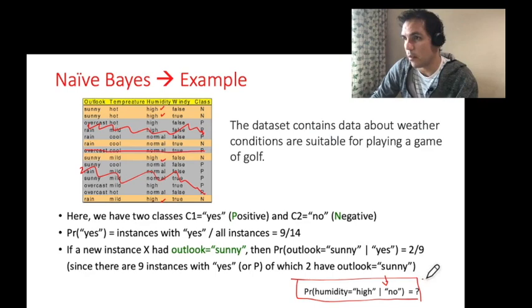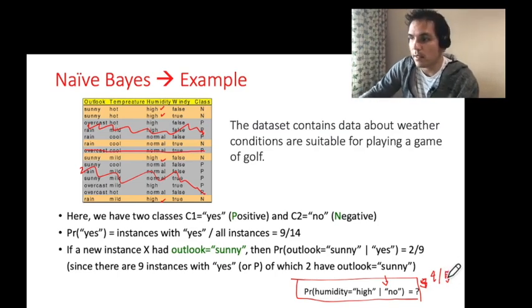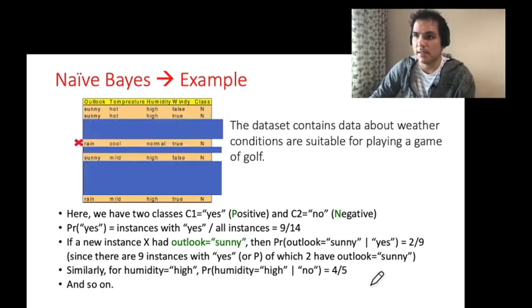So basically the probability here is 4 out of 1, 2, 3, 4, 5 examples. So this is the conditional probability for this particular situation. We don't consider this one here.